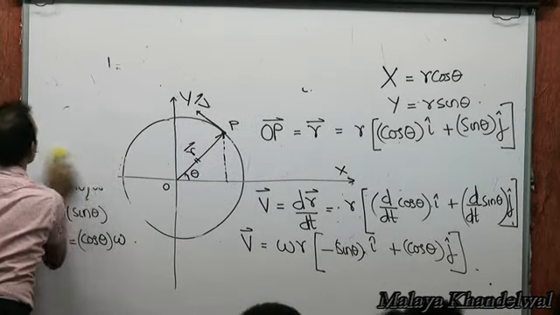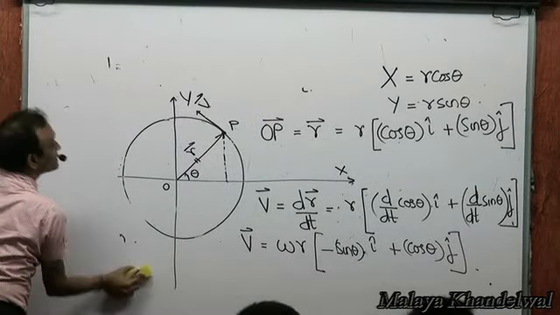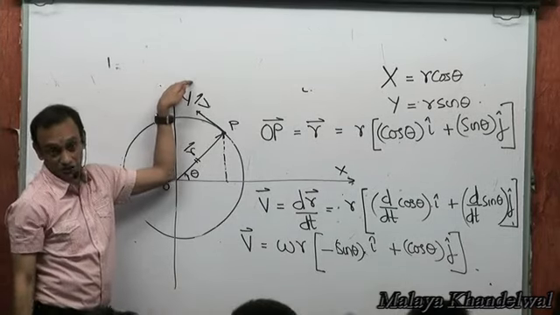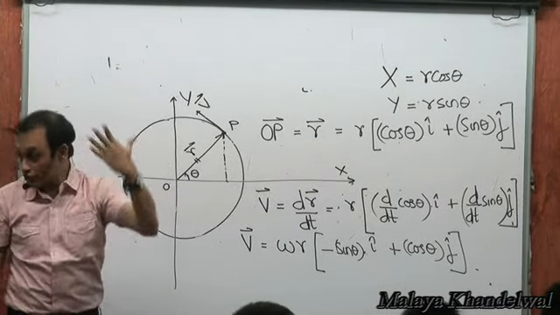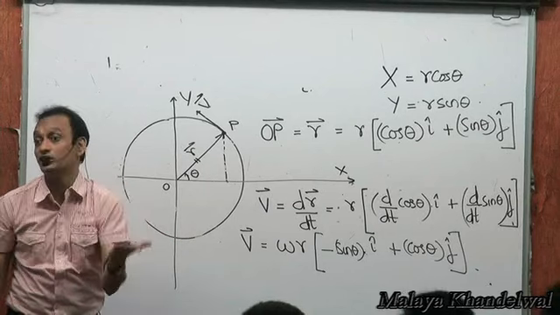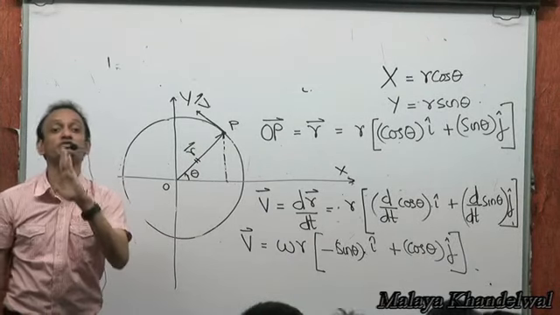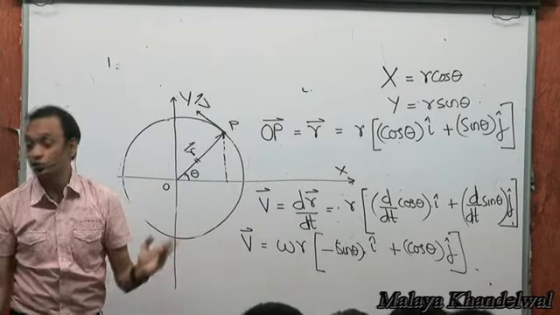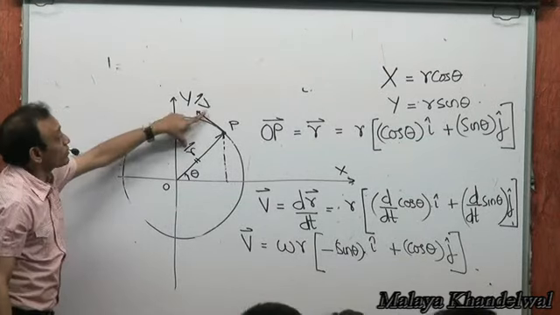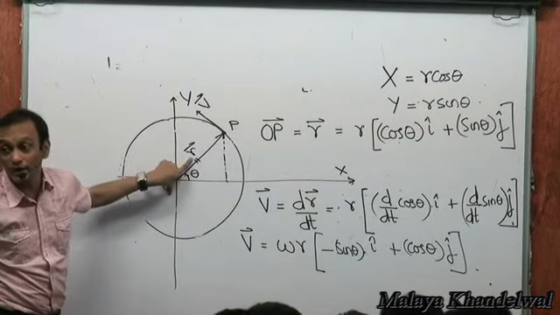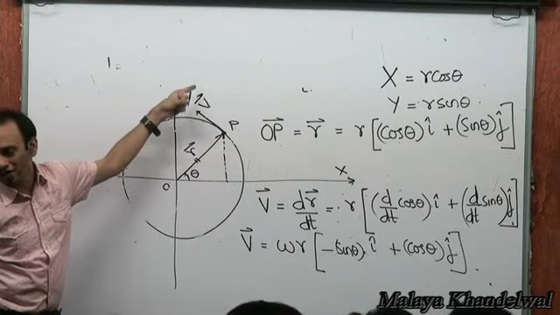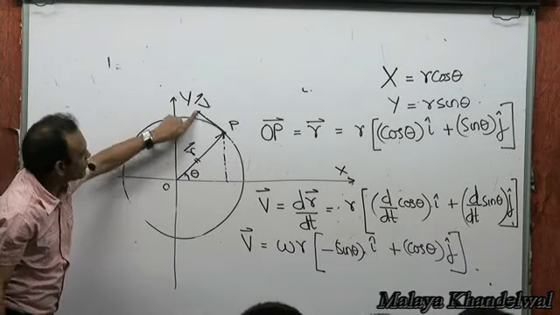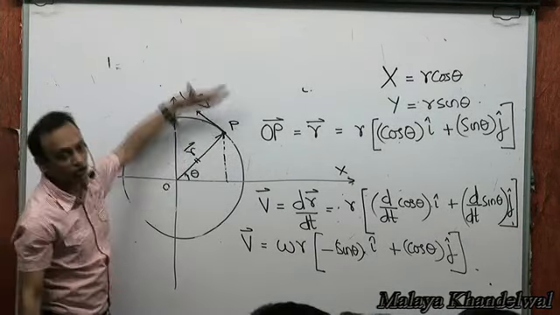Now, I want to demonstrate that V is along the tangent. V is always along the tangent. At least for a circular trajectory, I want to demonstrate that V is along a tangent. In fact, for any trajectory, V will always be along the tangent. In this case, if I am able to demonstrate that V is perpendicular to R, then V will be along the tangent.